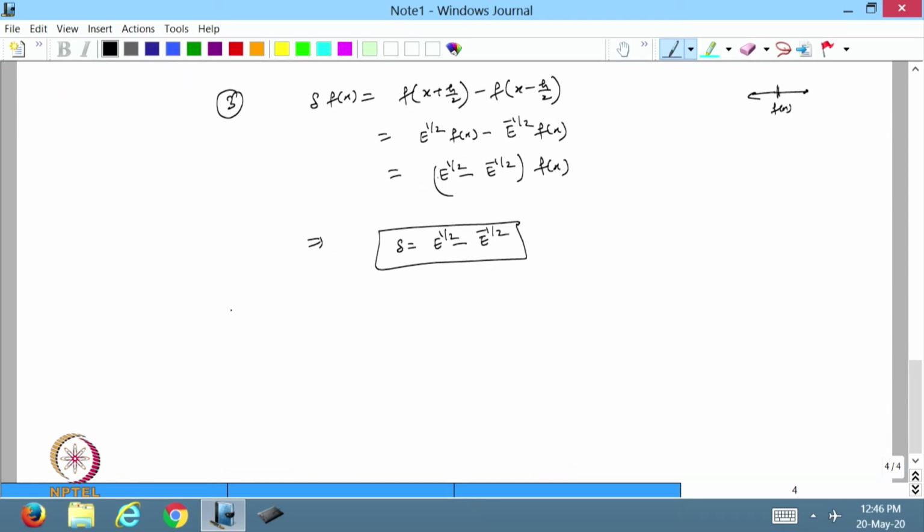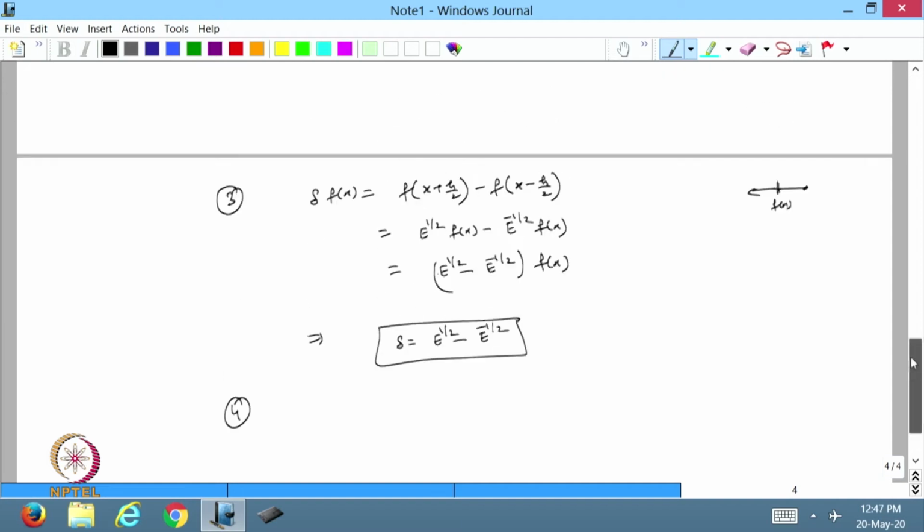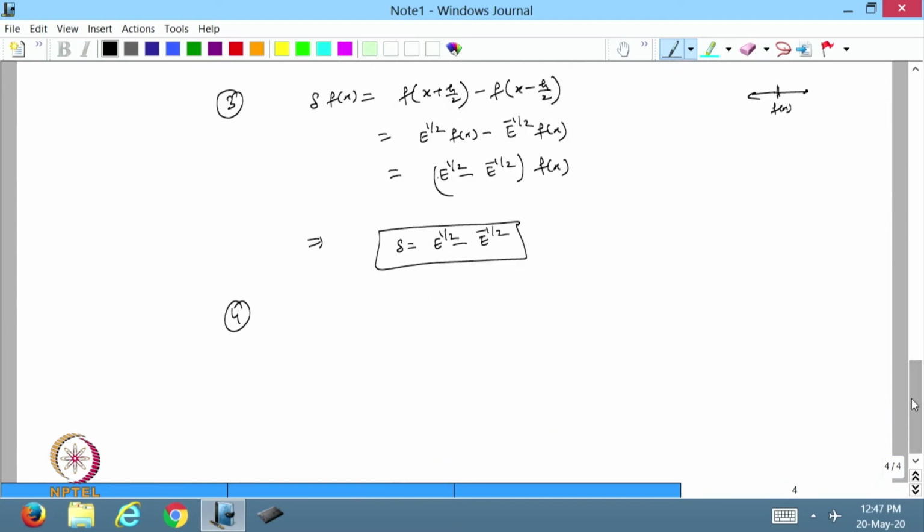Similarly, the fourth relation I want to define. I know that using the Taylor expansion, I want to find f(x plus h).